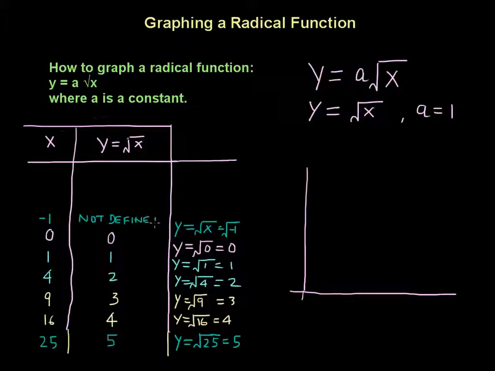This is not a defined function value here, so we don't know the value. Let's choose x as -3. I just chose one value here. In the same way, y will be the square root of -3, which is also not defined. So let's write down again, not defined, right?